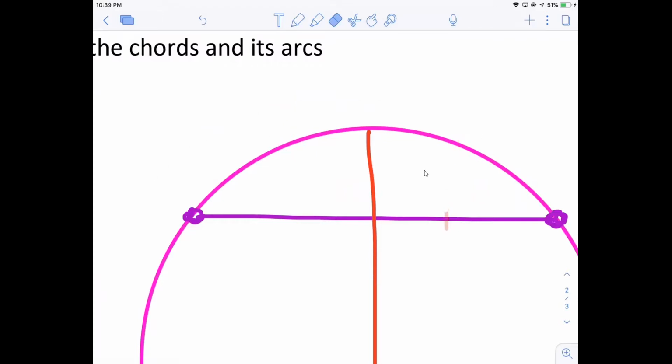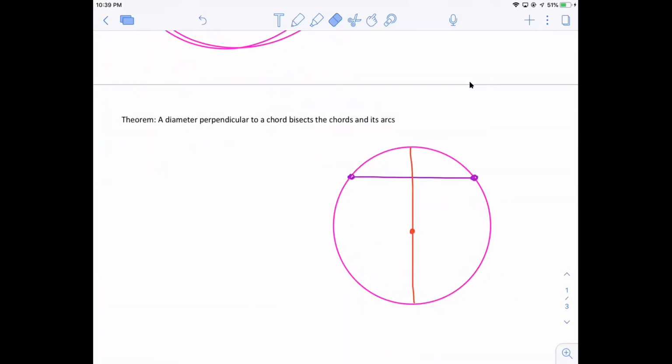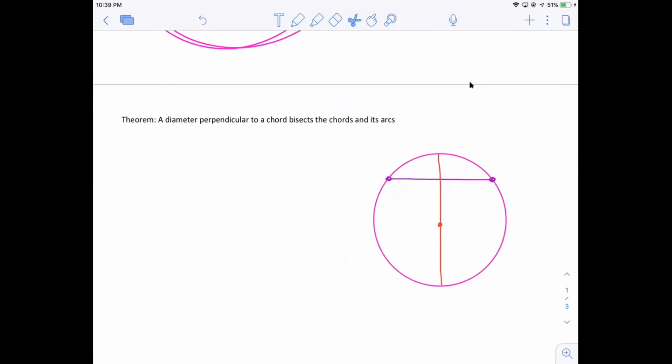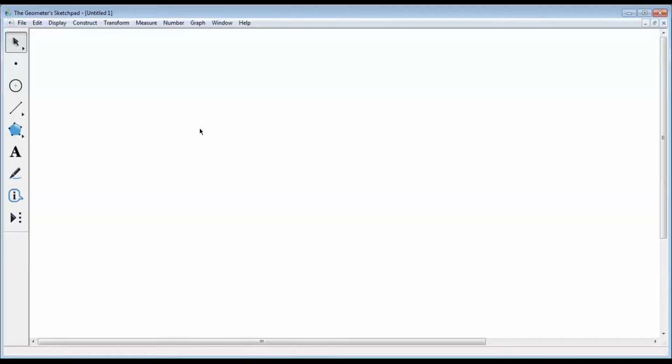So let me show you this on Sketchpad as well. And then we'll go ahead and prove this. So back to Sketchpad. All right, and we're in action.